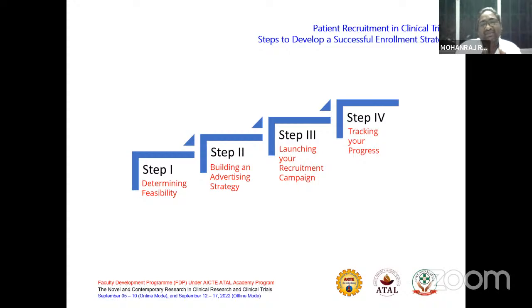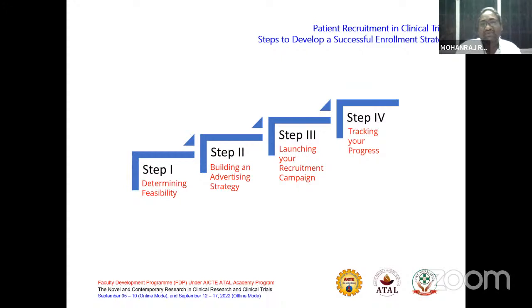Building an advertising strategy, the second step, is very important because it is the platform on which we can develop the recruitment campaign, and the outcome of this recruitment campaign has to be tracked for progress.